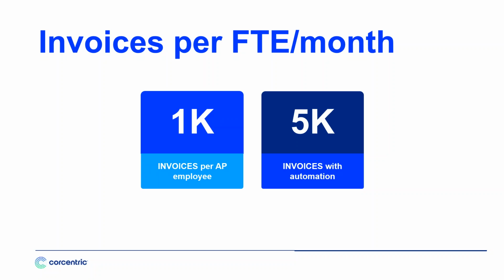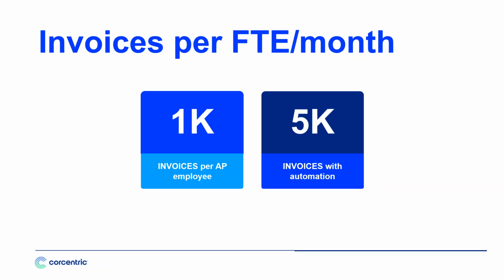Think about all the opportunities that you can add to your organization. If you're on the left and you're doing 1,000 invoices per AP, you're missing out. You're spending a lot of time on labor. You're probably not adding as much value as you could if you were improving the process and the velocity of invoice automation, as well as the value add because of what you're providing back to your organization.